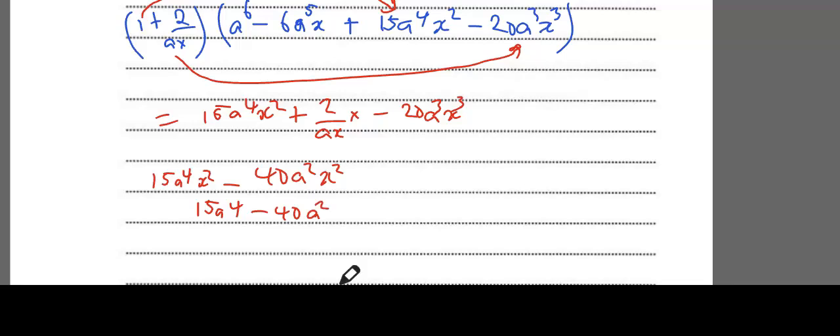So 15 a power 4 minus 40 a squared will be equal to negative 20 as indicated, such that we can take the 20. So we have 15 a power 4 minus 40 a squared plus 20 when it crosses to this side is equal to 0. Now we have a quadratic equation to solve.